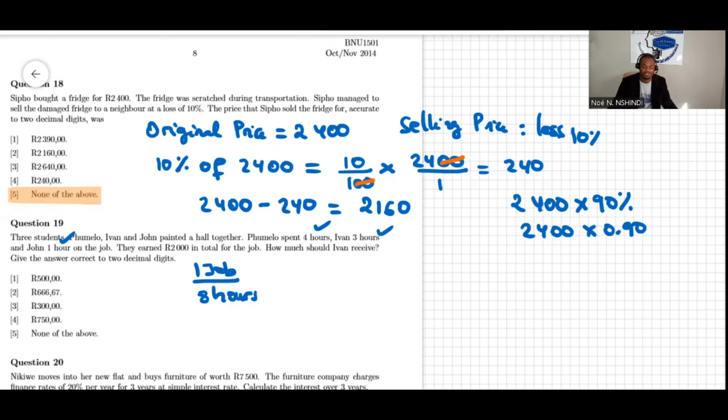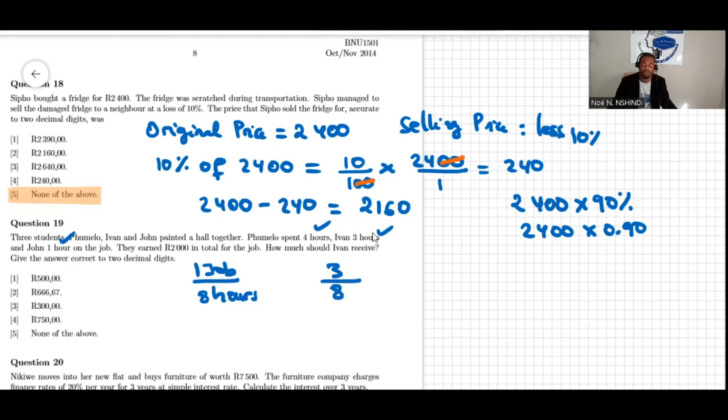The question asks how much Ivan should receive. Ivan spent 3 hours on the whole job, so it's going to be 3 over 8.